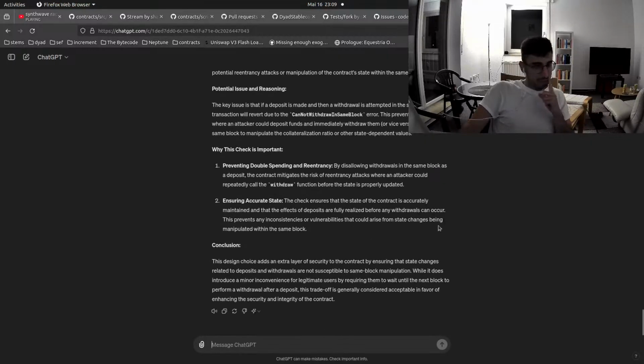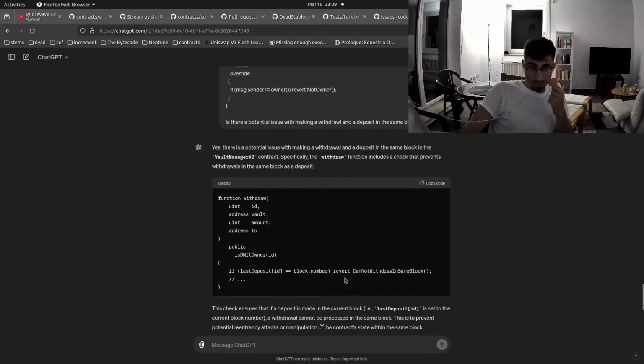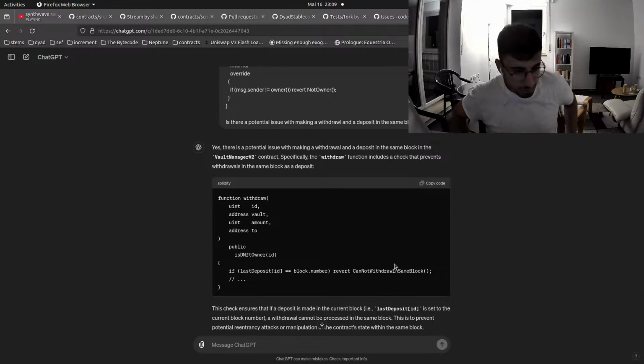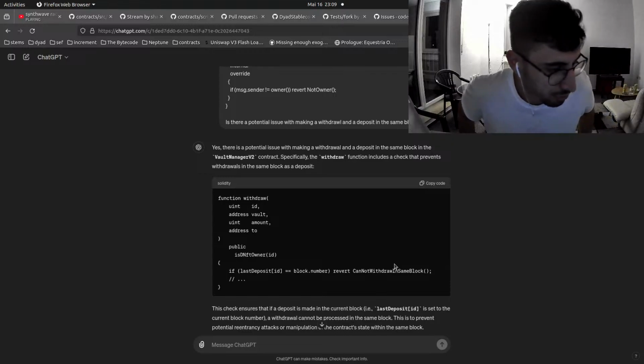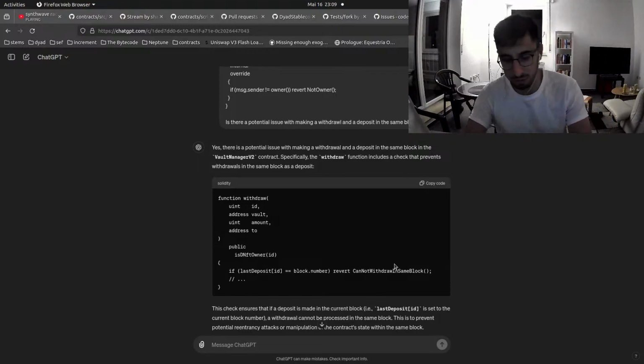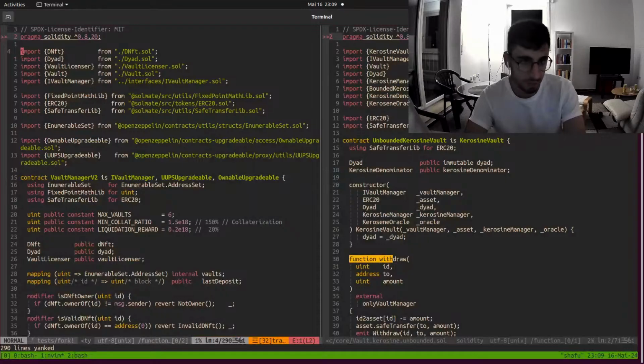Yeah, it's not exactly the flash loan question. The flash loan question is fixed by avoiding depositing and withdrawals in the same block, which we do.